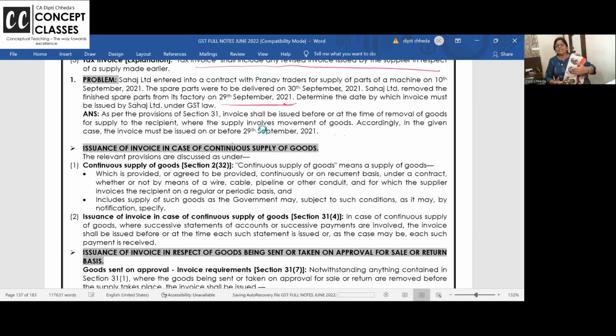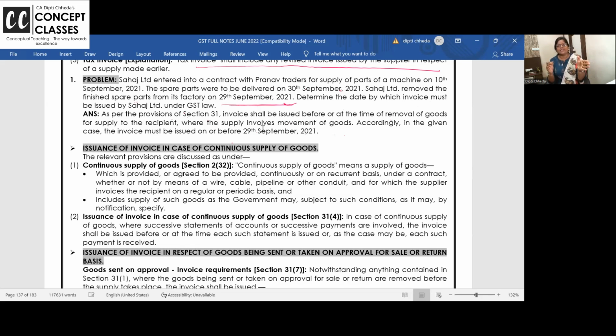So continuously the goods are supplied. बेचते रहते हैं, every month we get phenyl. We have done a 12 months contract. हमारे office में जो भी tissue papers, phenyl and all is required, that is supplied by a person every month. So when they are supplying it every month, it is a continuous supply of goods, not stopping.